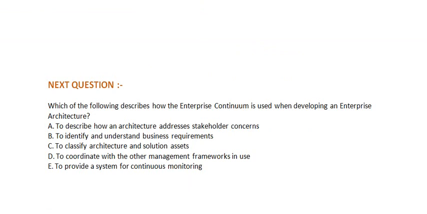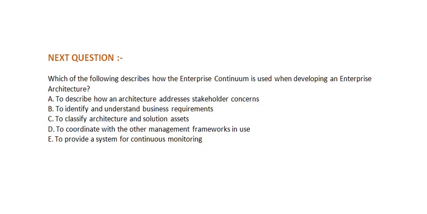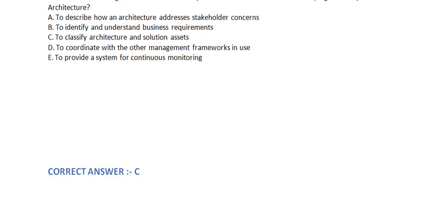Option C, to classify architecture and solution assets. Option D, to coordinate with the other management frameworks in use. And option E, to provide a system for continuous monitoring. The correct answer is option C.